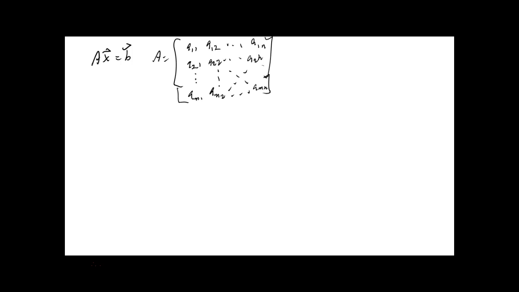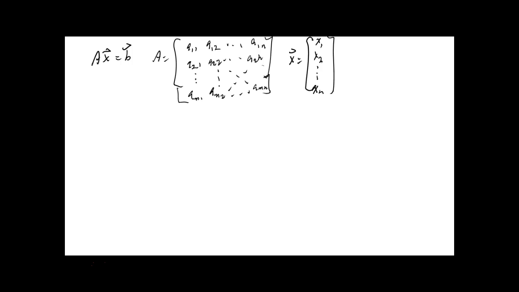So there's your matrix A. Your vector X is X sub 1, X sub 2, dot, dot, dot, down to X sub N. Because this is an M by N matrix, this has to be an N by 1 column. It has to be an N there.